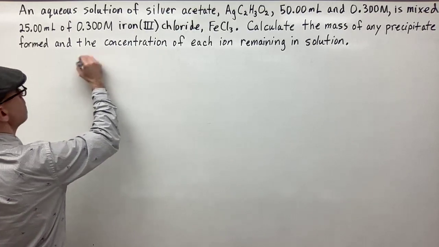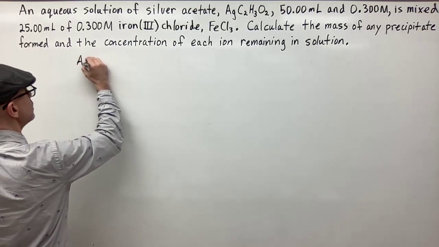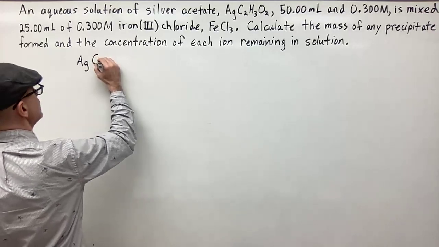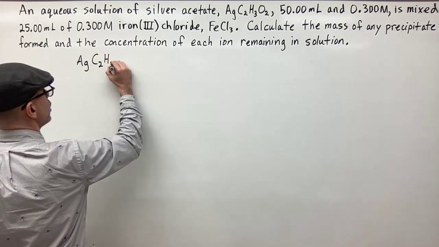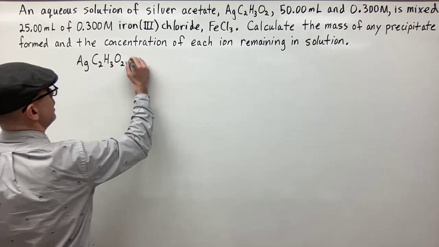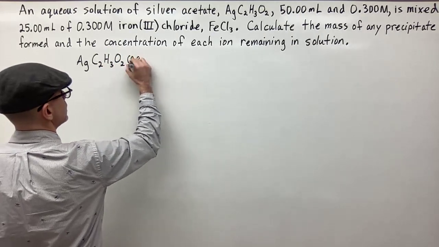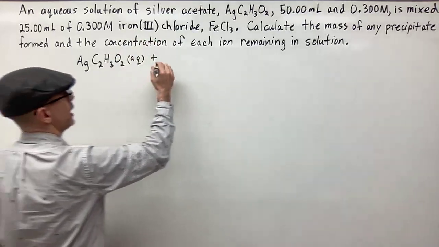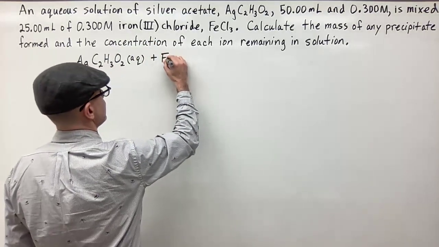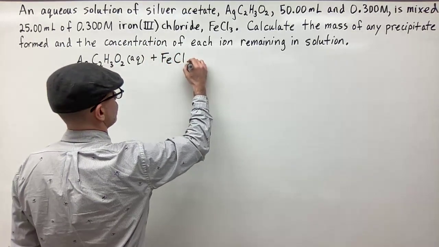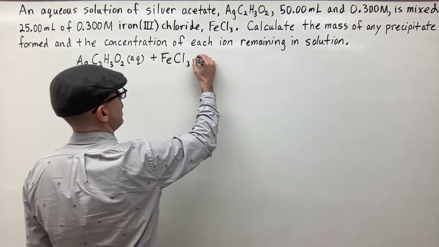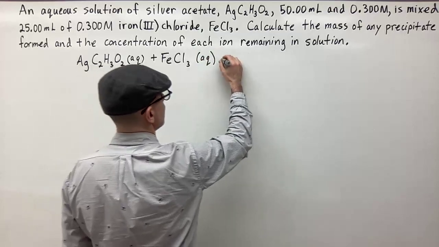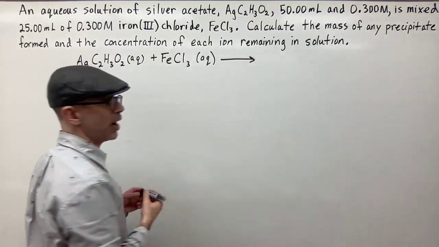So we have silver acetate, AgC2H3O2, aqueous, plus iron 3 chloride, FeCl3, again aqueous. And then we have to figure out the products.